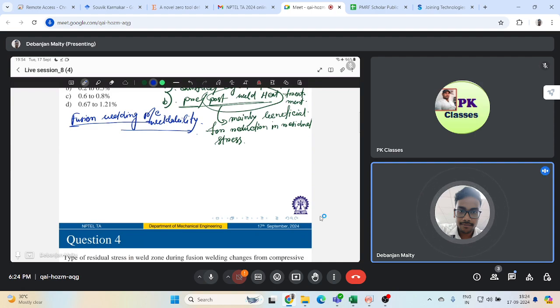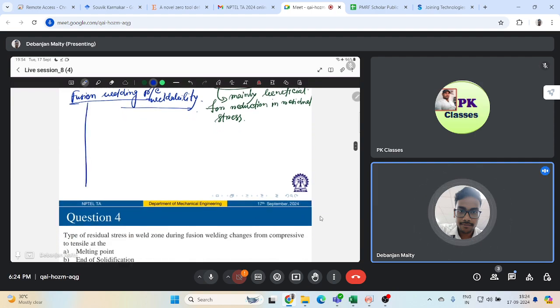I was talking about the chemical properties or the composition of my metal. Mainly the composition will affect the weldability. So I will note those one by one. Composition.